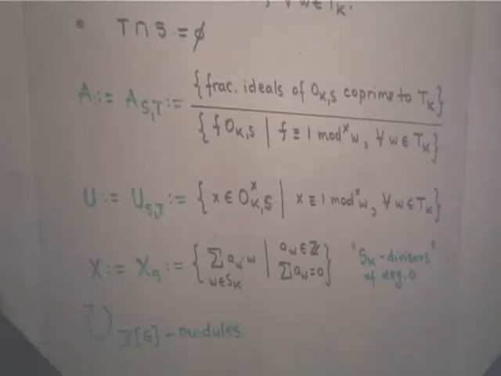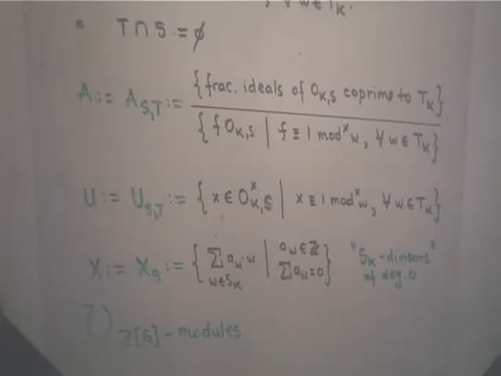Now, this is an ideal class group. It's finite, and it has a class field theoretical interpretation. It corresponds via the Artin reciprocity map to the maximal abelian extension of capital K which is unramified outside T. It's completely split at S, and it's almost tamely ramified at T.